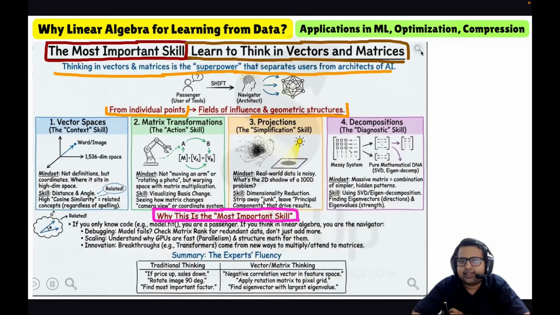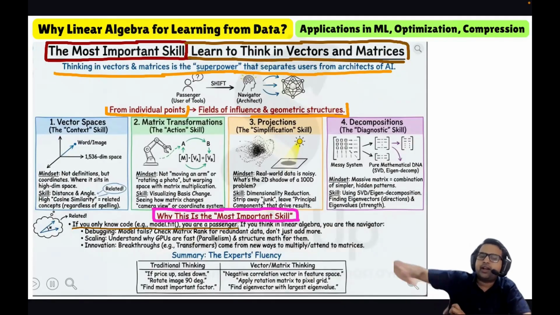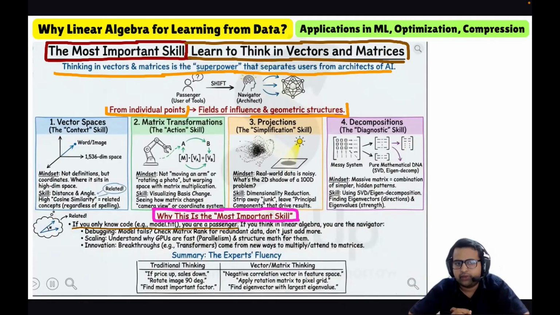If we just focus on the code, we are just a passenger. Passenger means we don't know what is happening, how the system is working, or how the driver is driving the vehicle. If we just know the code, we are just calling some inbuilt functions. We don't know what is happening in those inbuilt functions.